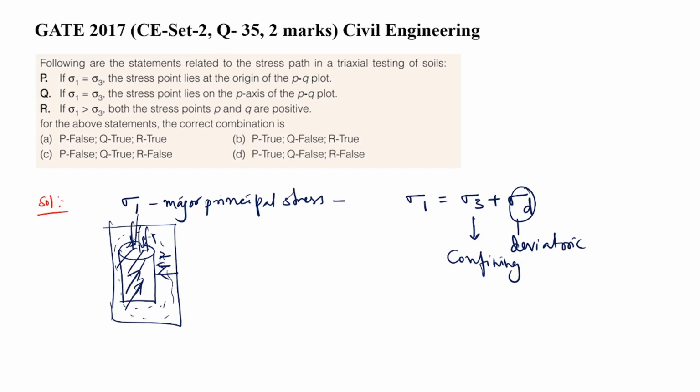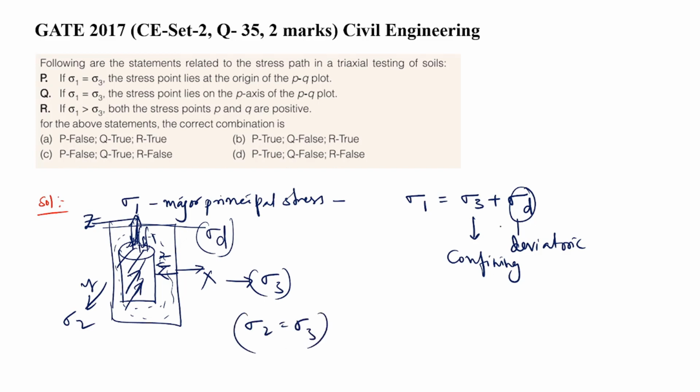Initially everywhere sigma 3 will be there, then sigma d will be added to the vertical stress, and that will become sigma 1. In the three directions x, y, z, x and y have sigma 3 only, or you can say sigma 2, but sigma 2 equals sigma 3, whereas sigma 1 is this.